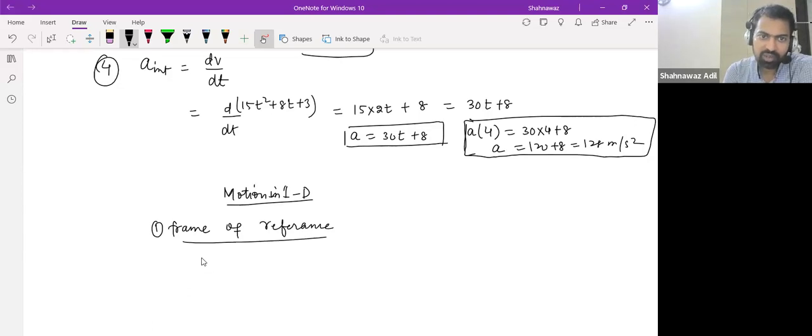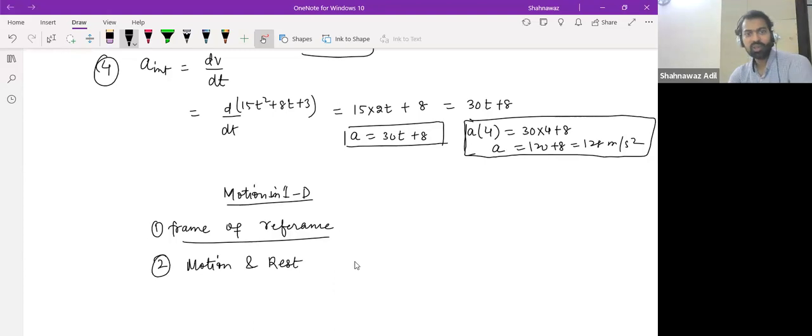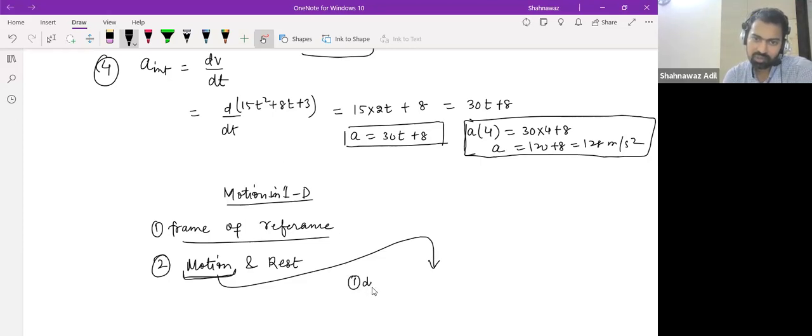From this frame of reference, you define two quantities: motion and rest. If the body was moving, then you defined the different physical quantities that describe the motion of the body. So first was distance.